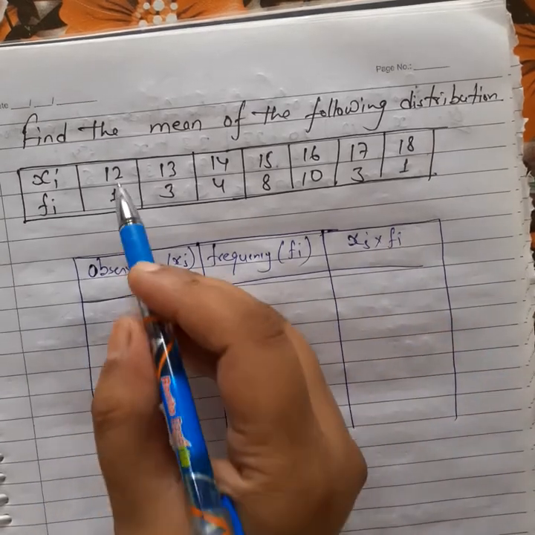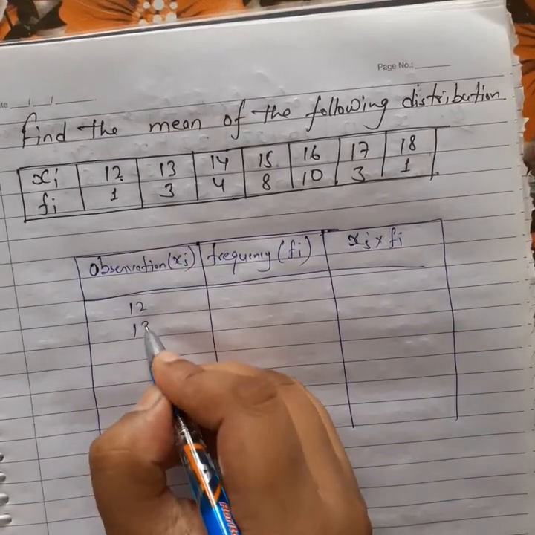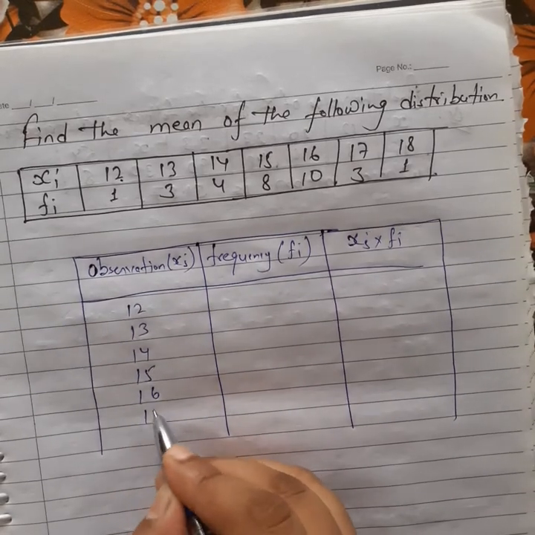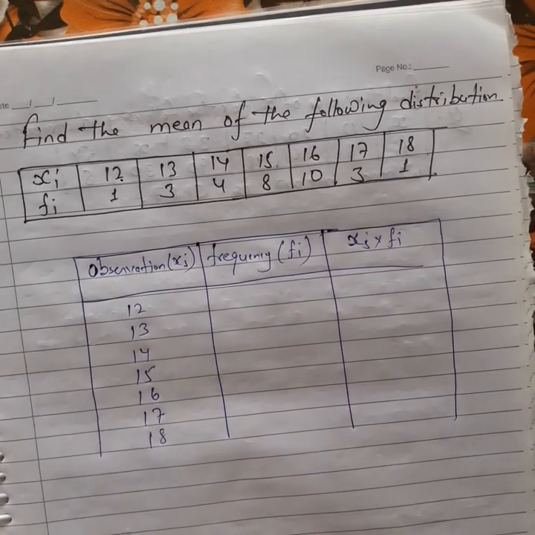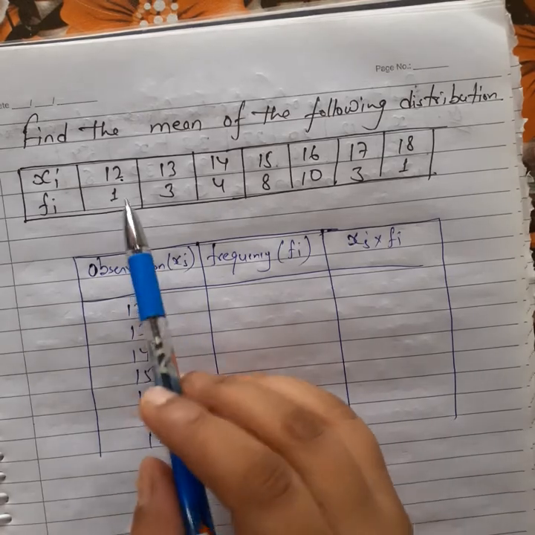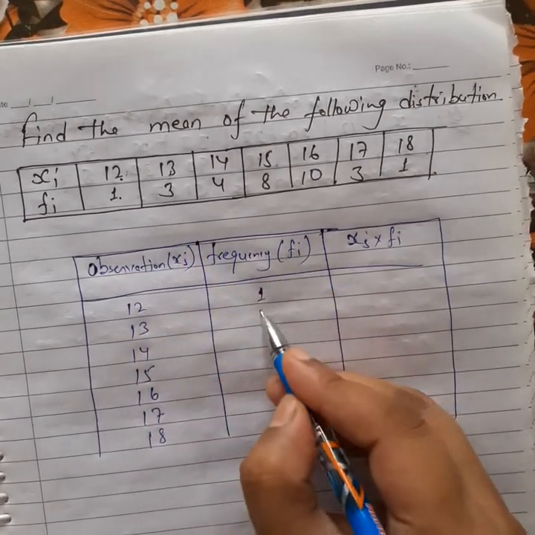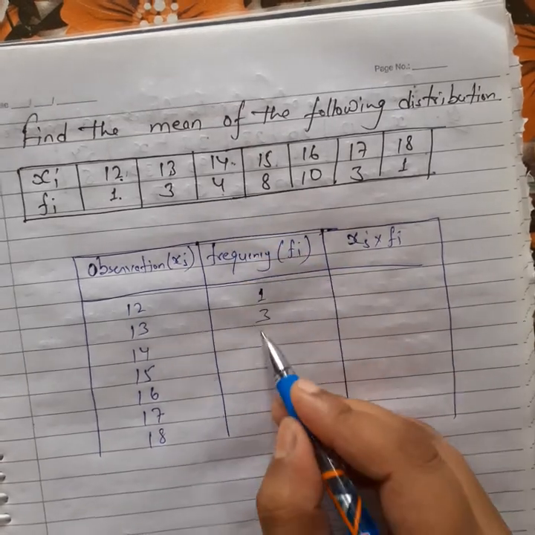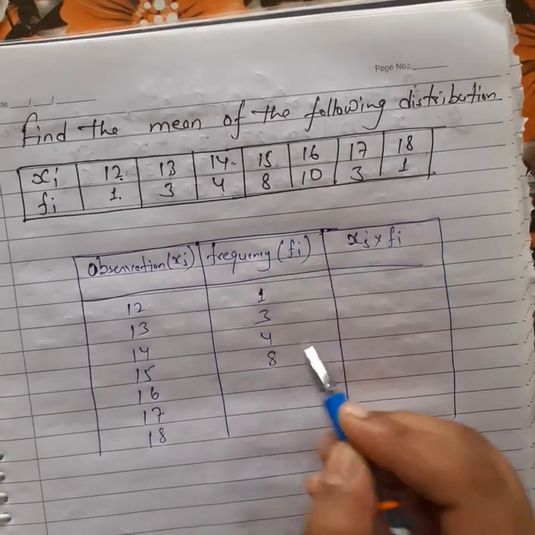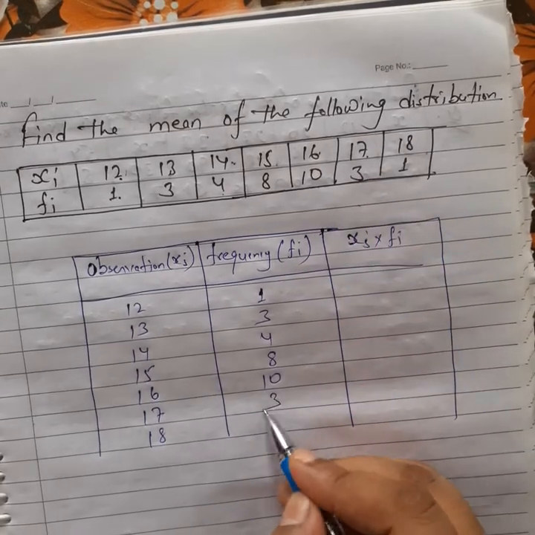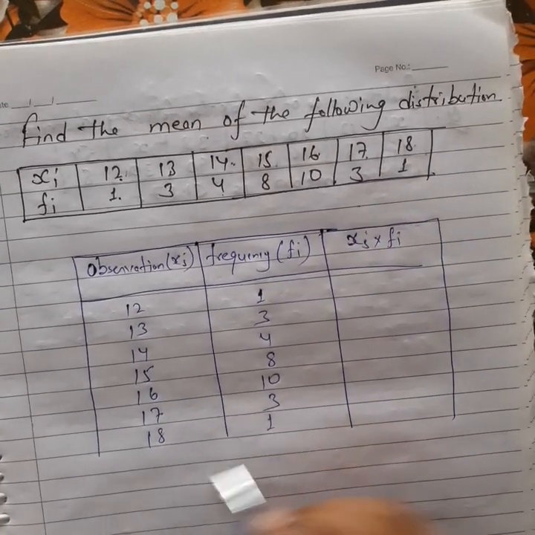Now the observations are 12, 13, 14, 15, 16, 17, 18 and the frequency of 12 is 1, 13 is 3, 14 is 4, 15 is 8, 16 is 10, 17 is 3 and 18 is 1.